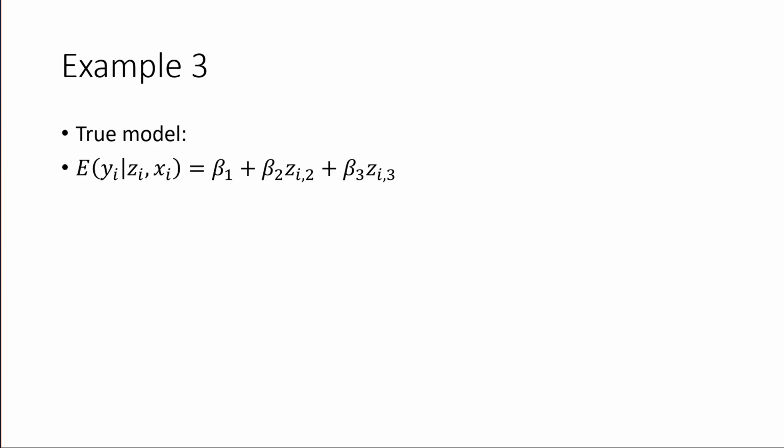Z variables are the true variables that we do not observe, and x variables are the measurements of the z variables. If in the true model the conditional expectation of y depends on the z variables, the true values, and I observe the x variables and use them in the regression, then the x variables will be endogenous.